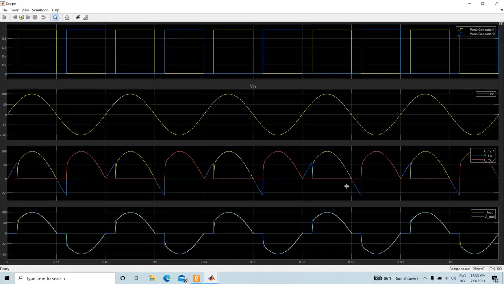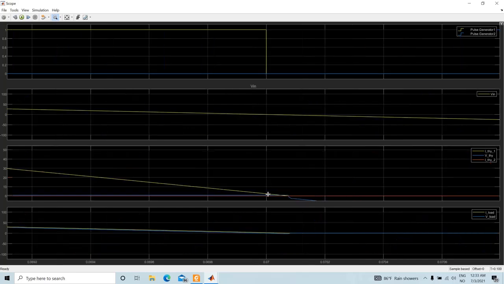Yes, if you look very carefully, you can notice that your current is not exactly at the voltage zero crossing.